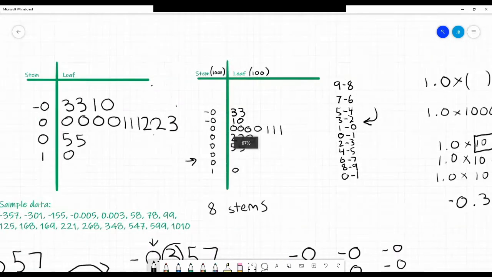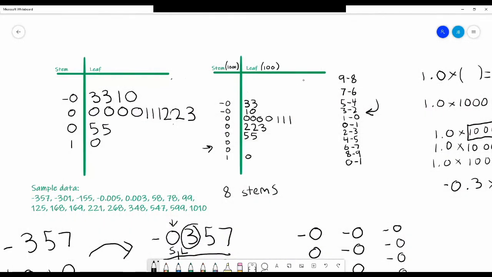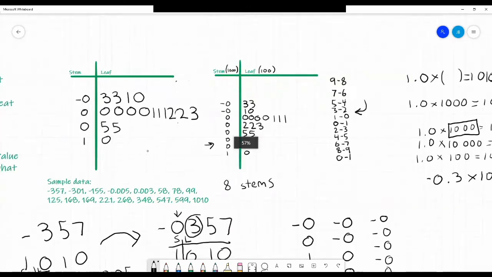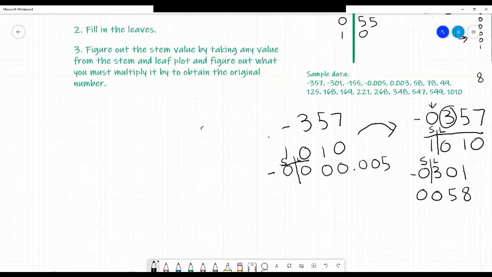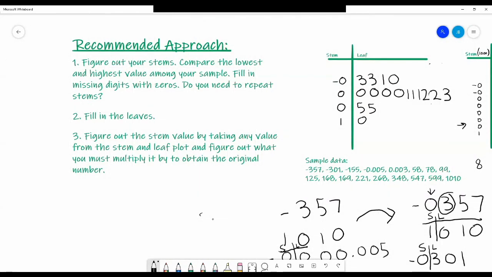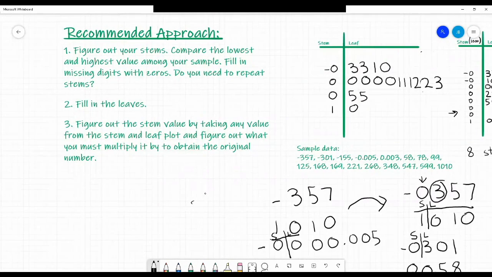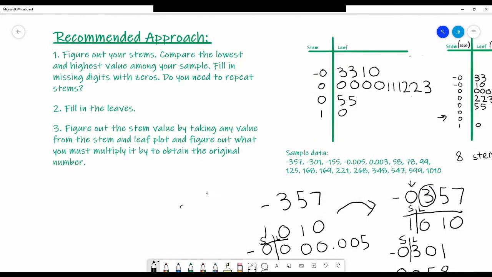This concludes our procedure for creating a stem and leaf plot. Again, you can do it in 3 simple steps. We figure out the stems by comparing the highest and lowest values among our sample and filling in any missing digits with zeros. Next, we fill in the leaves and we get rid of any stems that don't have a leaf if they are the first and last stem.